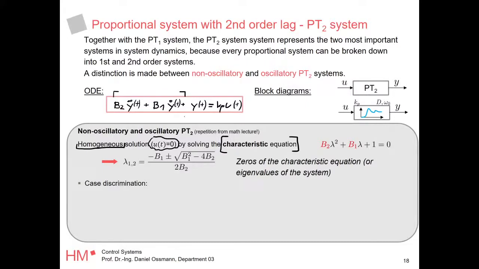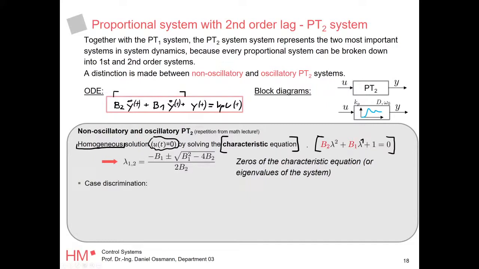We only take the left-hand side, and we replace all the derivatives here with simply lambda and the power of the derivative. So if you have the second derivative there, this exponent gets a square. The first derivative gets lambda to the power of 1, which is actually lambda, and here we don't have anything, so it's simply 1.